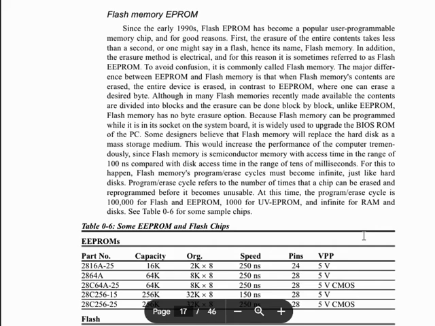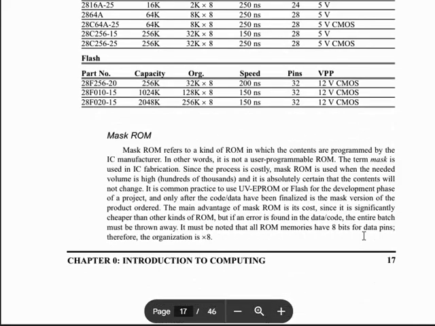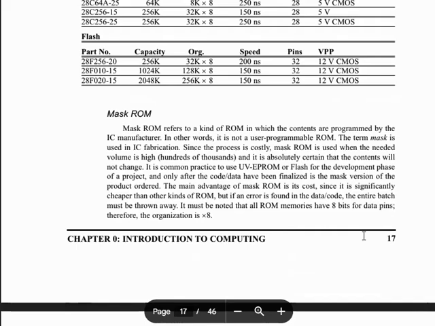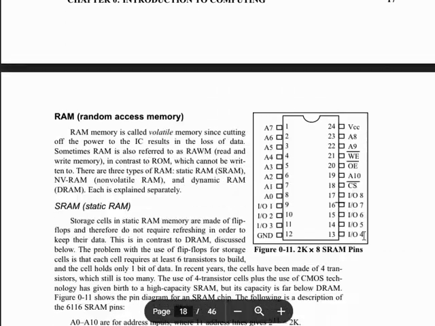Here they have given all the tables for the different kinds of ROMs. Each type of ROM has its own advantages and disadvantages, and the choice of which one to use depends on the specific application required. Then we have mask ROM, which is MROM. Data is programmed during the manufacturing process and cannot be changed.